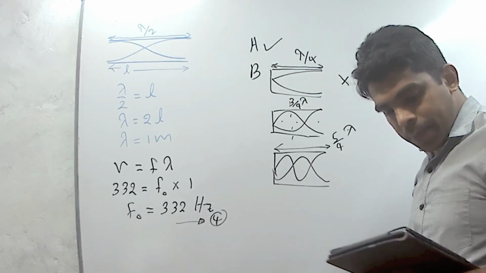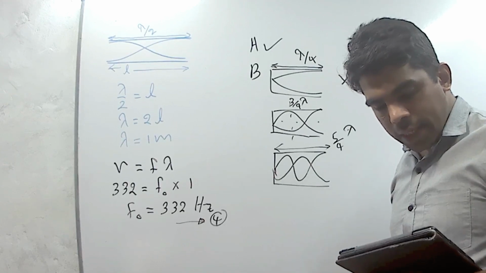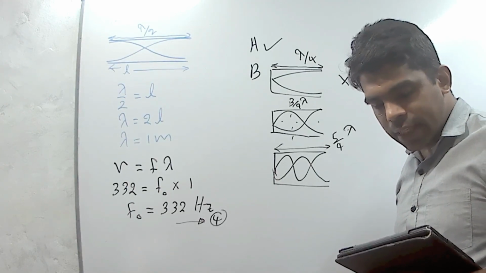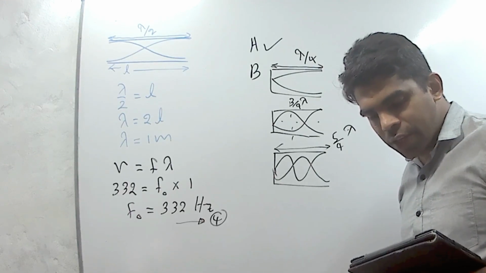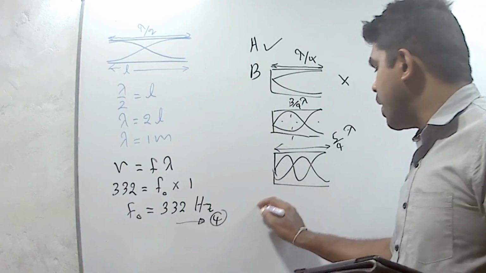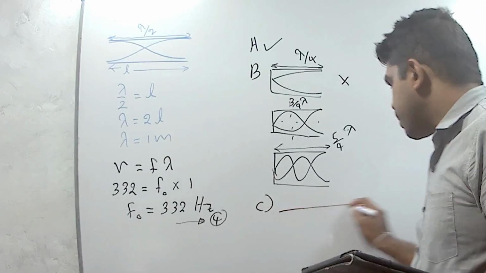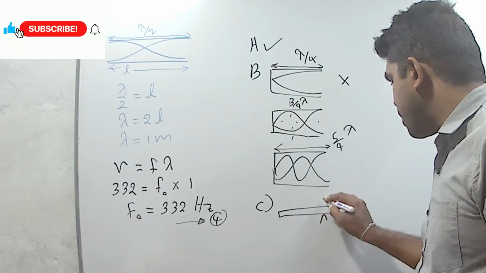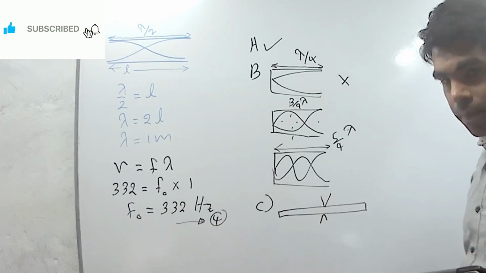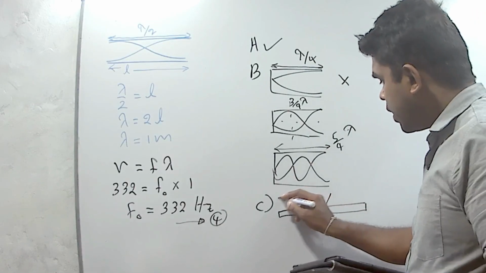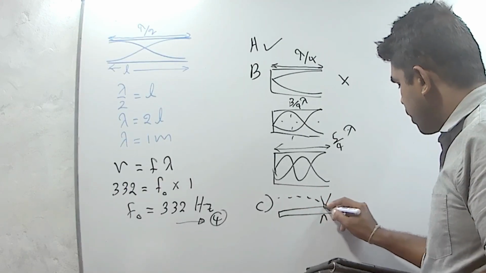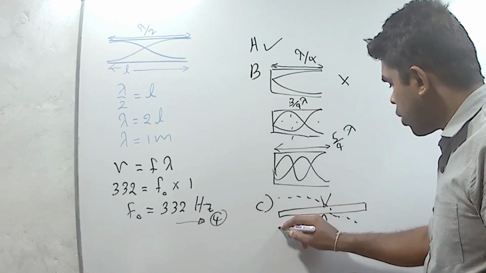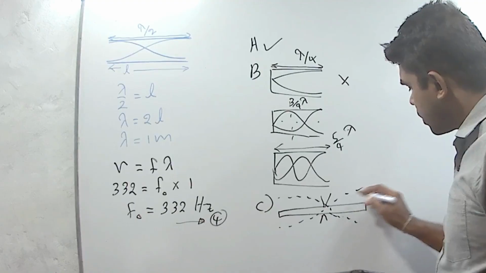But part C, a rod clamped at the center and producing transverse vibration. When considering a rod which is clamped at the midpoint, we can get only one resonance like this.